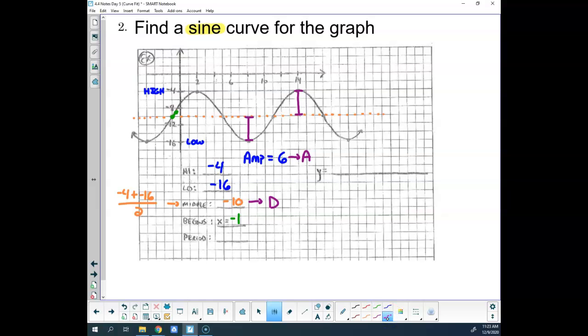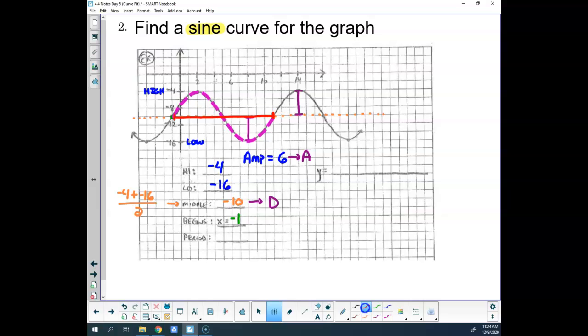So that my first wave is that one right there. Okay? So if I start at -1, then the horizontal distance that it takes me to make that wave would be my period.